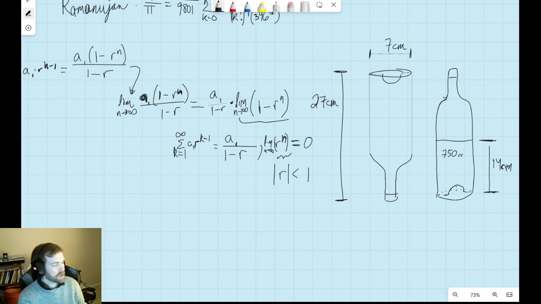And when upside down, this 750 cc's of liquid goes 19 centimeters up the bottle.